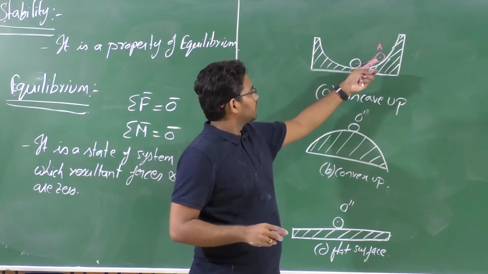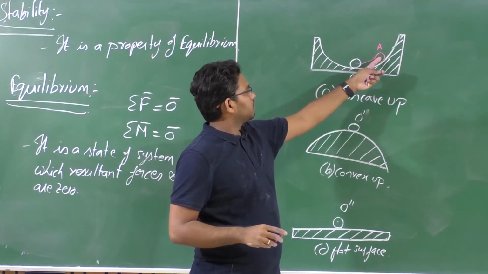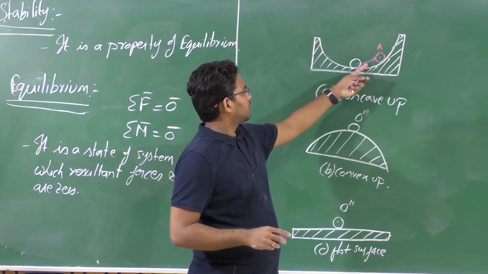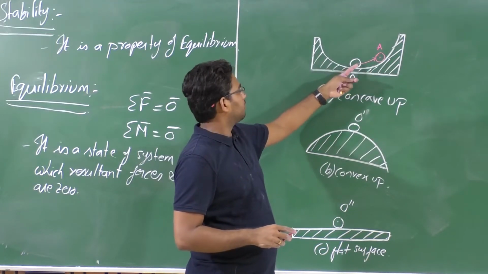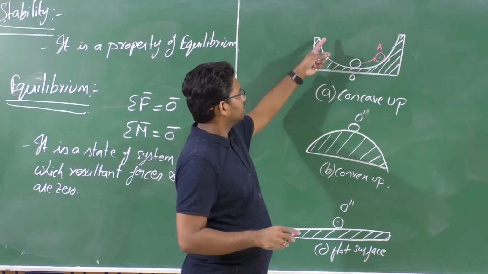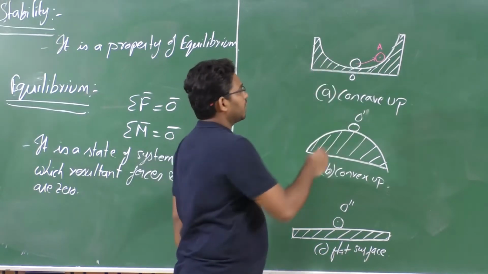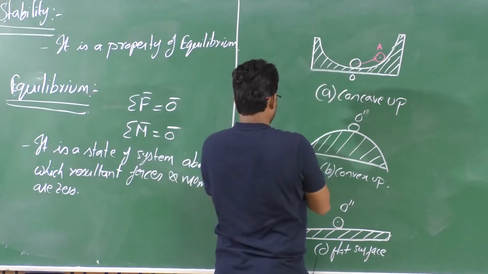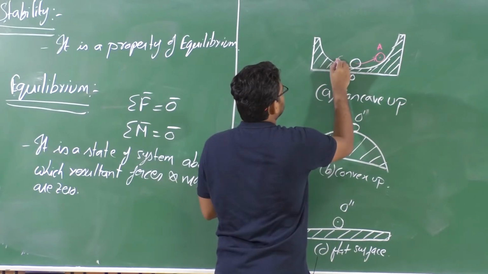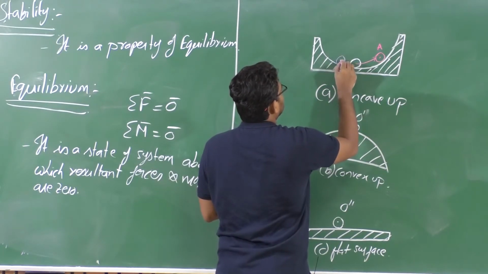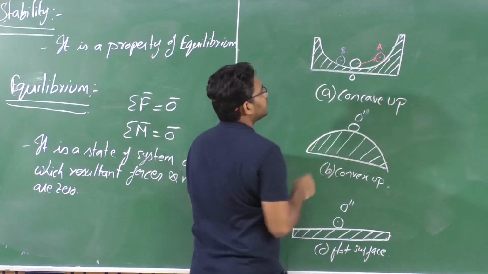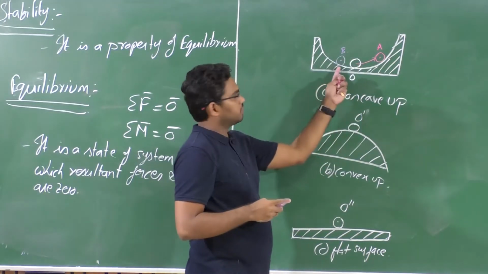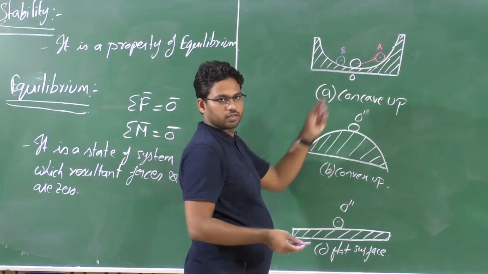Once it becomes 0, it will come down towards O, overshoot O, and may reach point B. Again, B corresponds to 0 velocity.